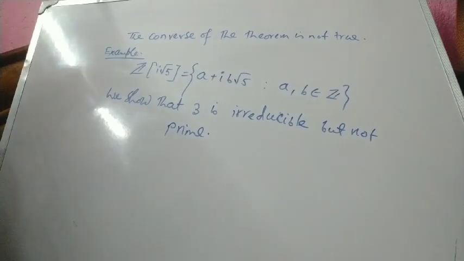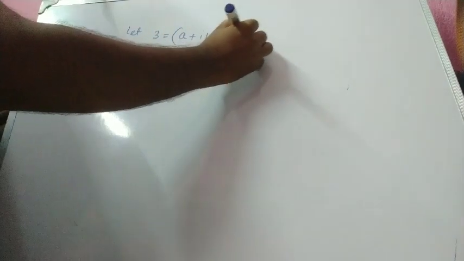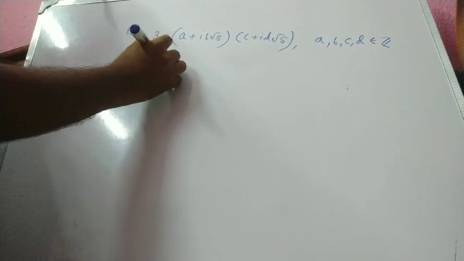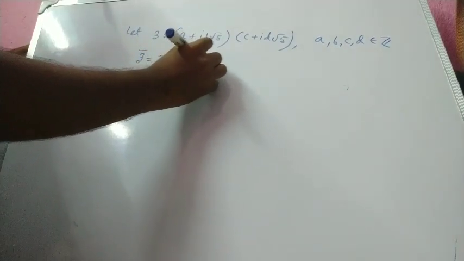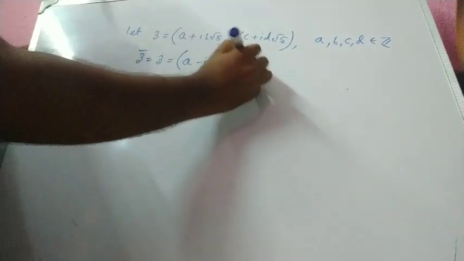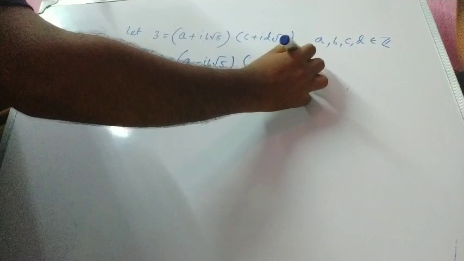তাহলে কি করব আমরা? এর জন্য আমরা ধরে নিচ্ছি, let 3 equal to (a plus ib√5)(c plus id√5), where a, b, c, d all belong to Z. Okay, now 3 bar is equal to 3. That means (a minus ib√5)(c minus id√5).